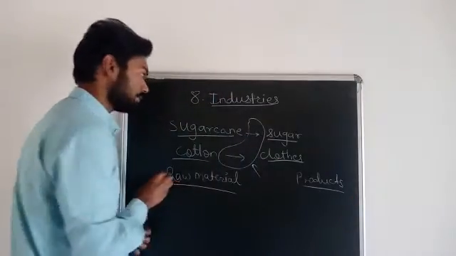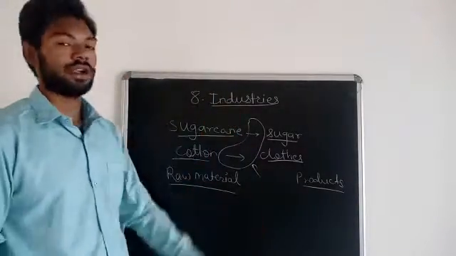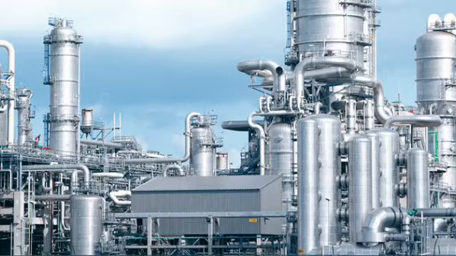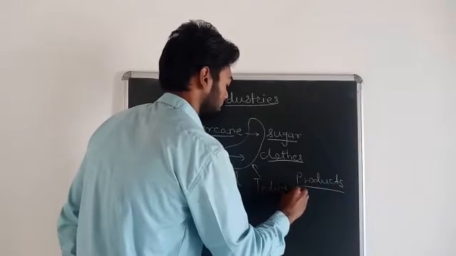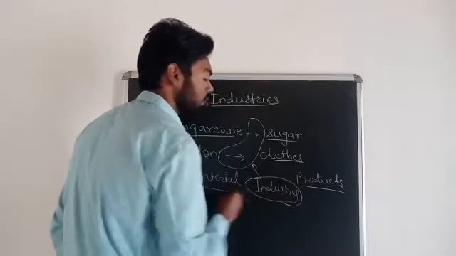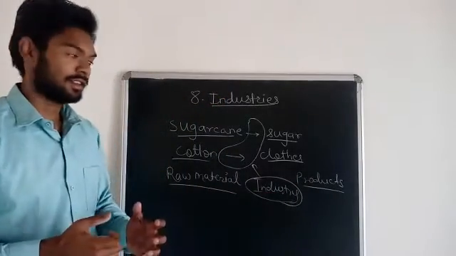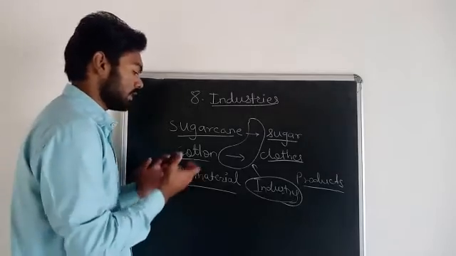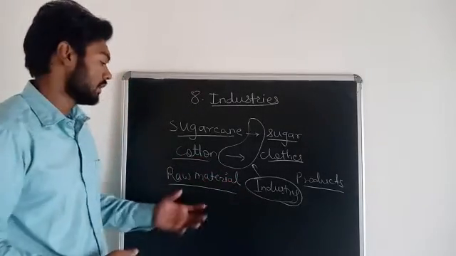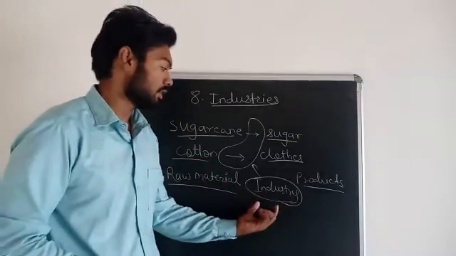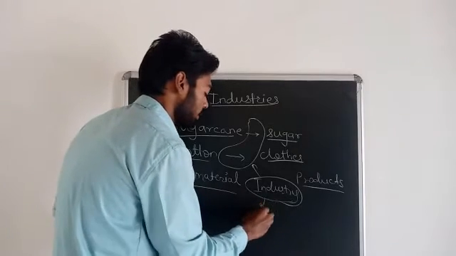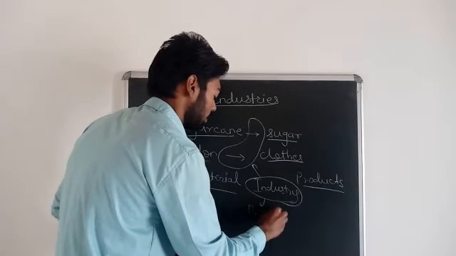So this is where this thing called industry comes into play. An industry is a place to which we send some raw material, and then this industry will do certain processes on this particular raw material.